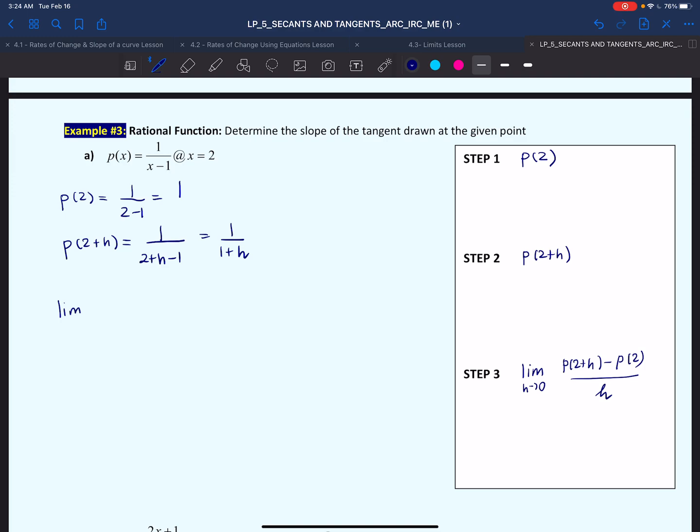So the limit as h approaches 0 of 1 over 1 plus h minus 1. I'm going to write this over 1 as well. As h approaches 0, we're going to give the denominator 1 plus h.